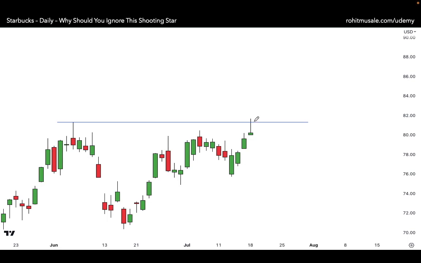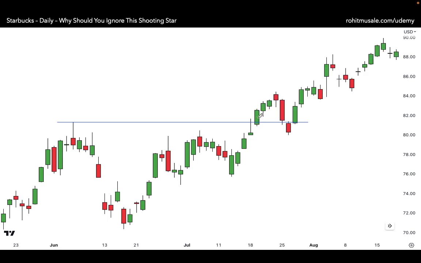So the moment the price breaks above that shooting star's resistance, it's a signal that the market is likely to go up from here, and that's exactly what happens. So this candle reduces the probability that the market will go flat after the shooting star. So you should be ignoring this shooting star because of the window that you see here.